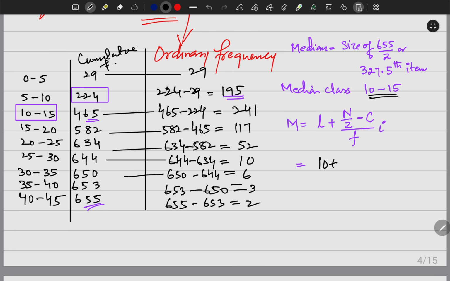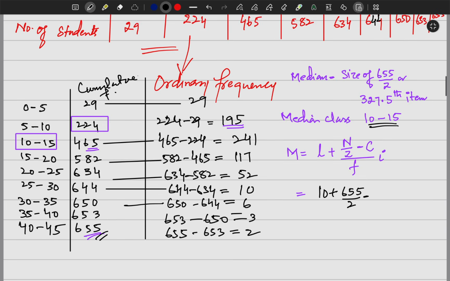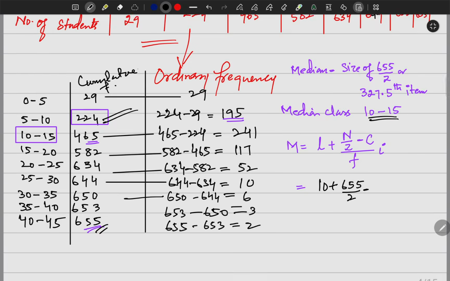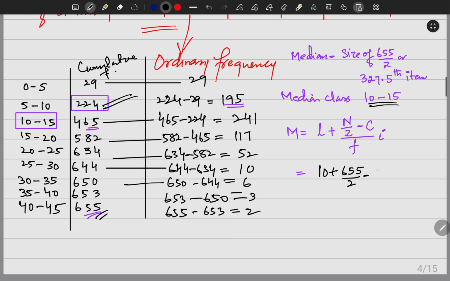N stands for the total frequency. And what is the total frequency? So 655. Total frequency is 655 divided by 2. Okay. Minus c. What is c? C stands for the cumulative frequency just preceding the median class. Just preceding the median class, the frequency was 224. So I will write it 224.